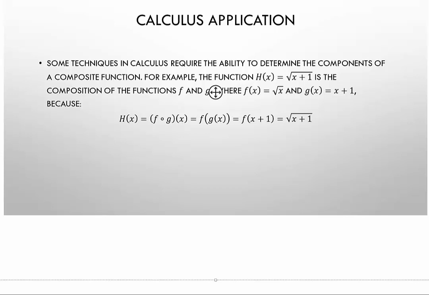We can see that we have the square root of something, so there's the square root, and then I have x plus 1. So I have x plus 1, and that's what I substituted in for that x here. So you can actually see and be able to pick out what some of these functions are.